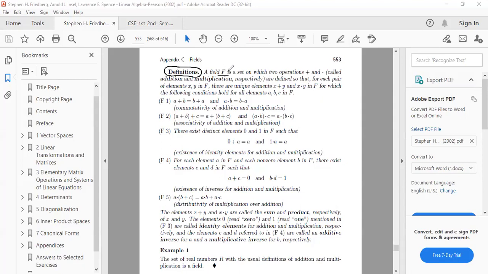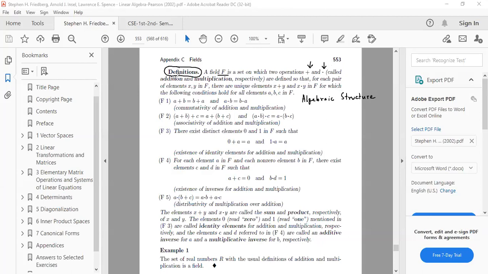Now, what is a field? Let's come to the main point. What is a field? A field is an algebraic structure in which two operations, one is plus and one is dot, are defined.